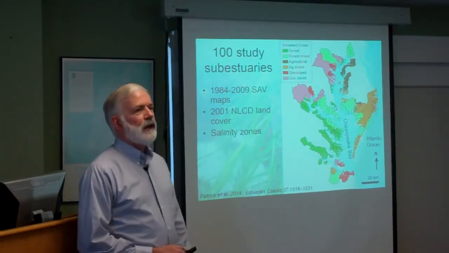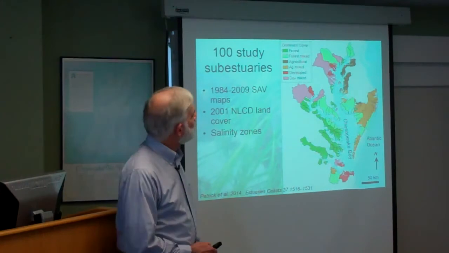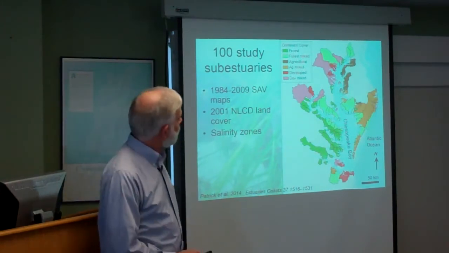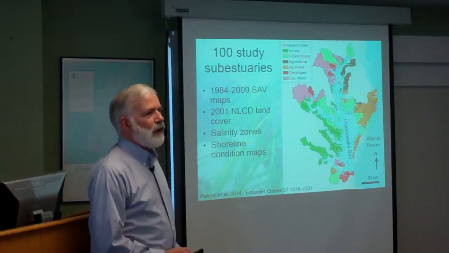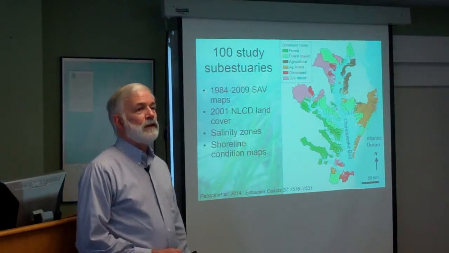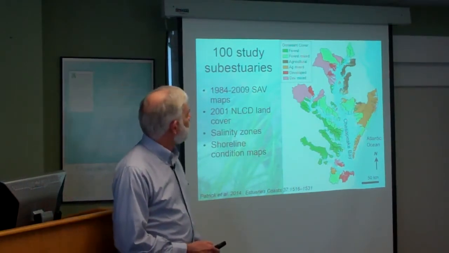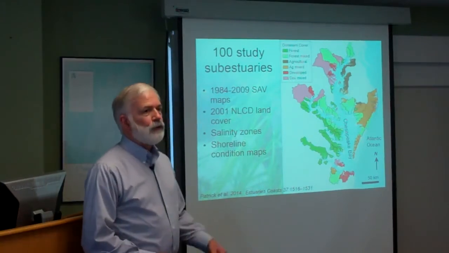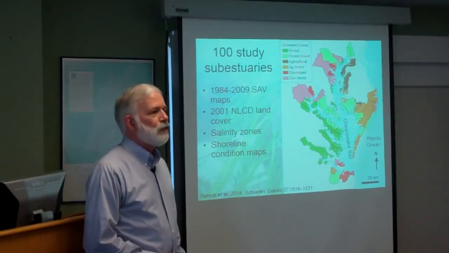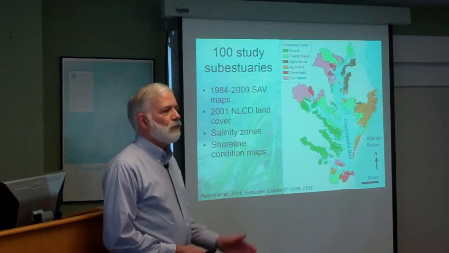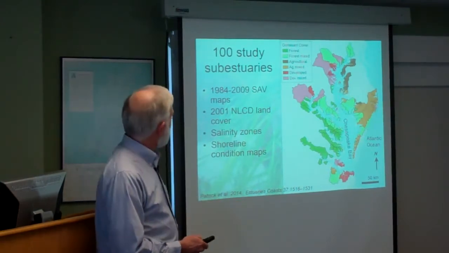We were interested in how salinity was affecting the responses of SAV, so we looked at different salinity zones. And we also had maps of the condition of the shoreline, developed by the Virginia Institute of Marine Sciences, which told us whether or not shorelines were armored, and also what the land use directly on the shoreline was.